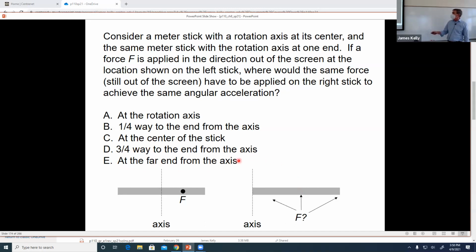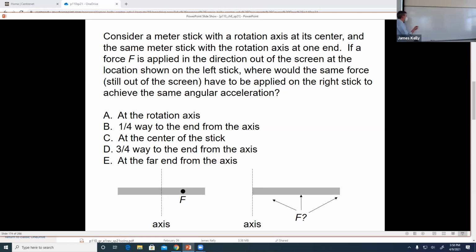Anybody want to explain far end of the axis? How are you getting that? I viewed, on the first one, the F being like 1/4 of the way, so that times 4 is 4 on 4. So just put it at the very end, away from the axis of rotation. Yeah, so in this case, F is coming out this way, so this distance is our perpendicular moment arm, right?